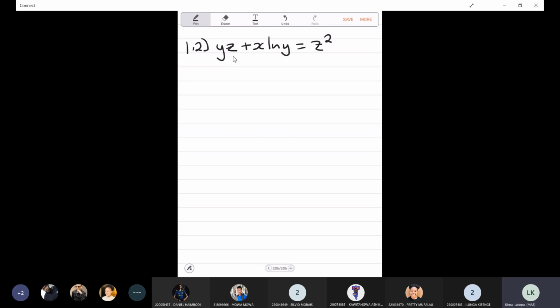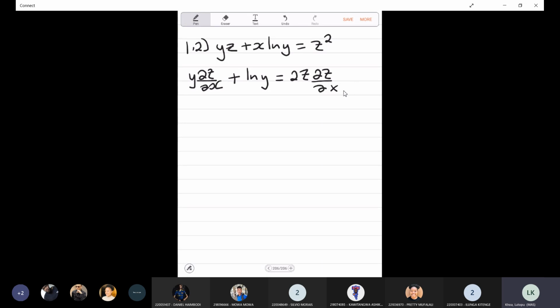This is a constant multiplying z. So when you differentiate this with respect to x, you get y dz/dx. And then this one over here, we differentiate it, we get ln y. And then on the other side, the derivative is 2z, and then we multiply by dz/dx. So exactly like the way we did implicit differentiation previously.